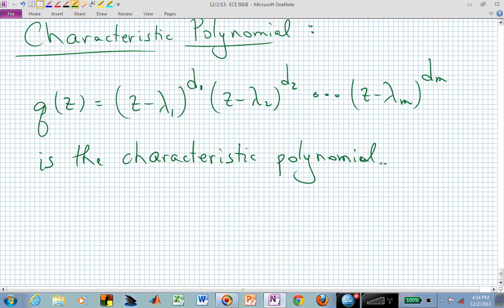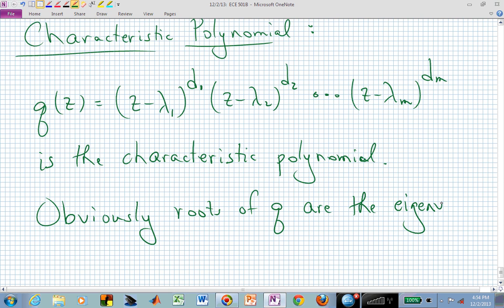And I hope that it's clear that if you plug in for z any of your eigenvalues, q of z is going to equal 0, just by those factored forms of the characteristic polynomial. So obviously, the roots of q are the eigenvalues.